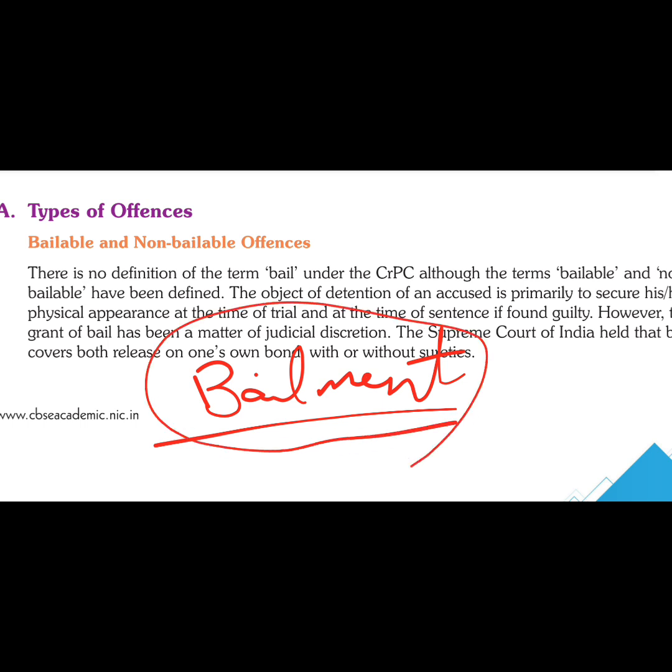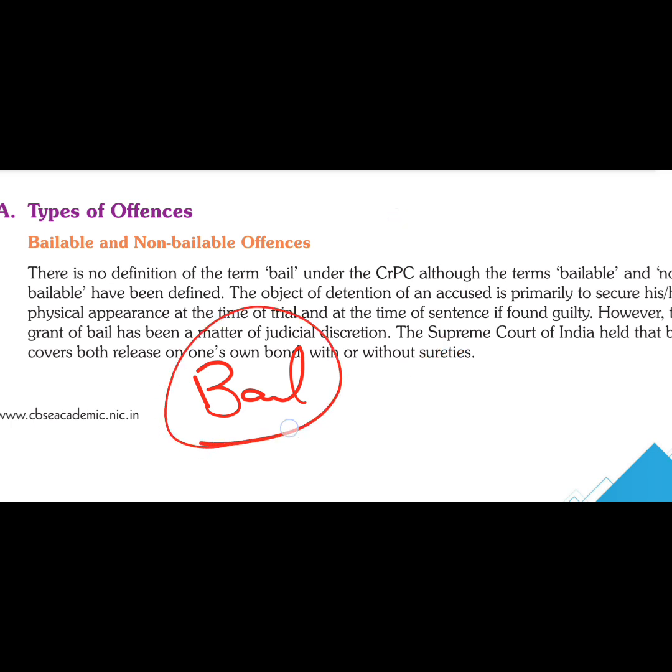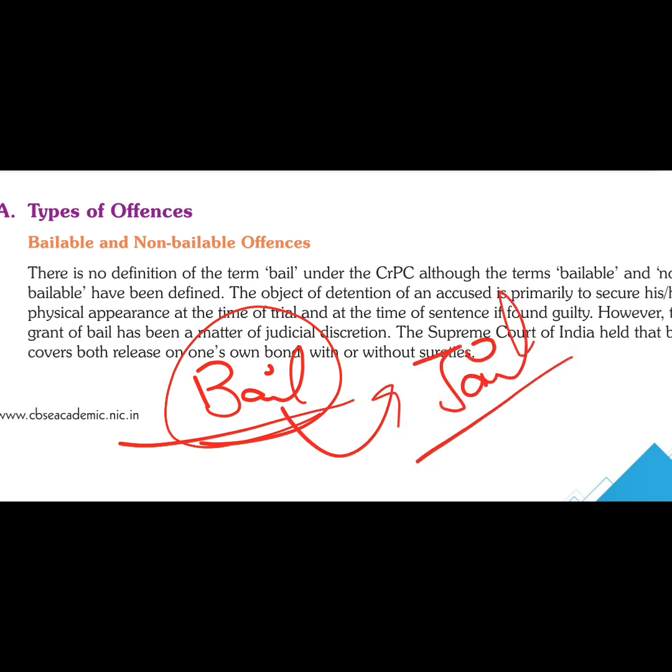Now, from this bailment comes the concept of bail. Okay, now bail is what? It is related to jail. A person is imprisoned for a certain period of time, but there are some medical conditions due to which he has to seek some medical advice, and for that he has to go to a hospital.